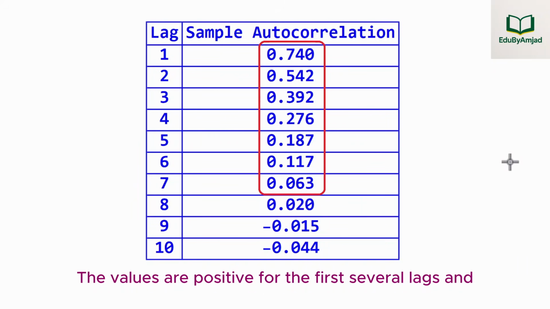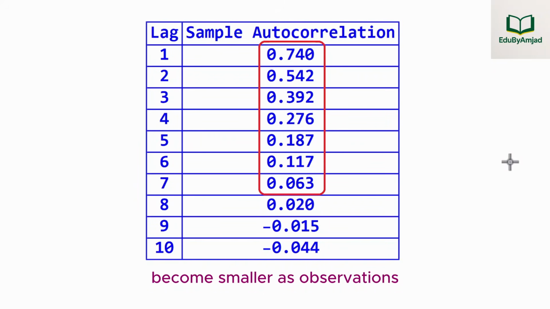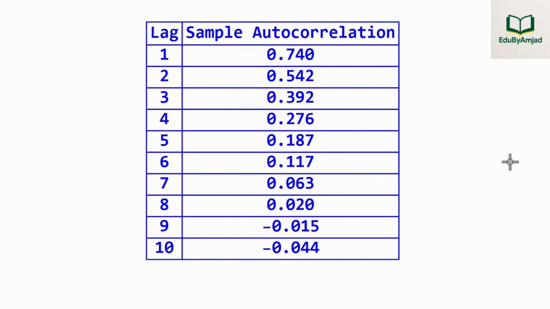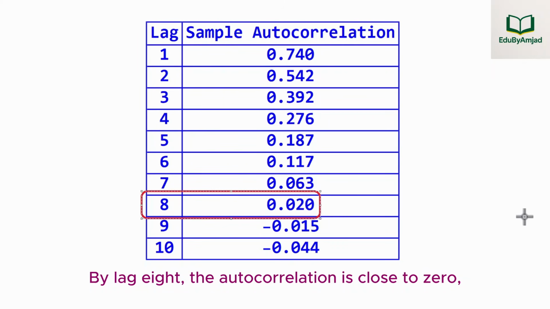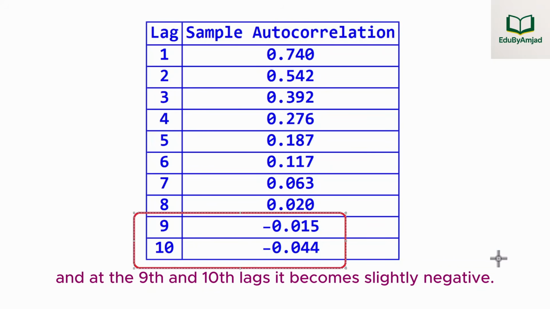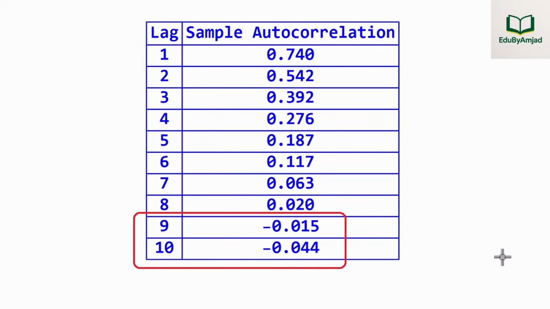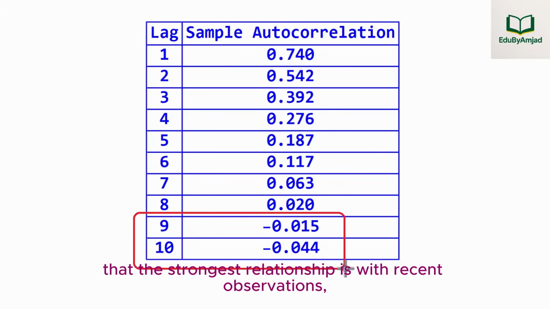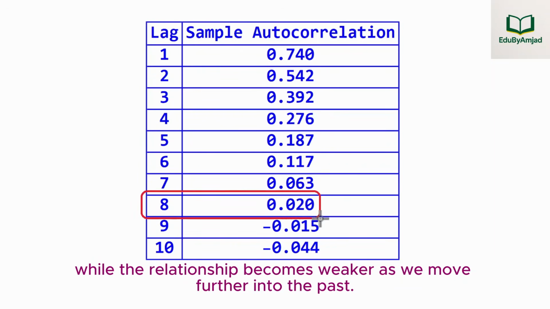The values are positive for the first several lags and become smaller as observations are separated further in time. By lag 8, the autocorrelation is close to 0. And at the 9th and 10th lags it becomes slightly negative. This pattern suggests that the strongest relationship is with recent observations, while the relationship becomes weaker as we move further into the past.